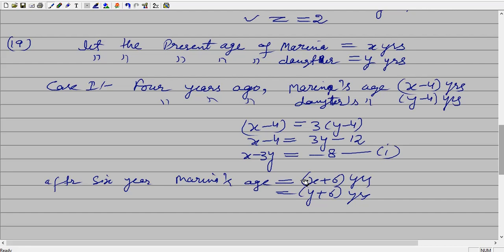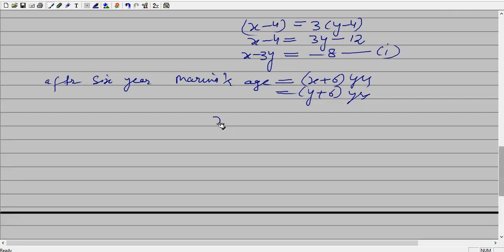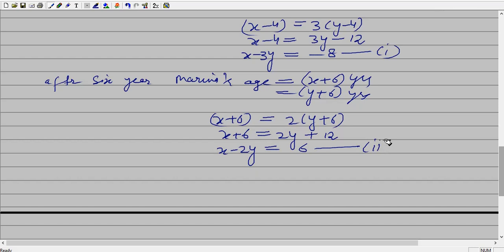The condition is, 6 years from now the mother will be twice as old as her daughter, which means X plus 6 equals twice of Y plus 6. So X plus 6 equals 2Y plus 12, and X minus 2Y equals 12 minus 6, equation number 2.